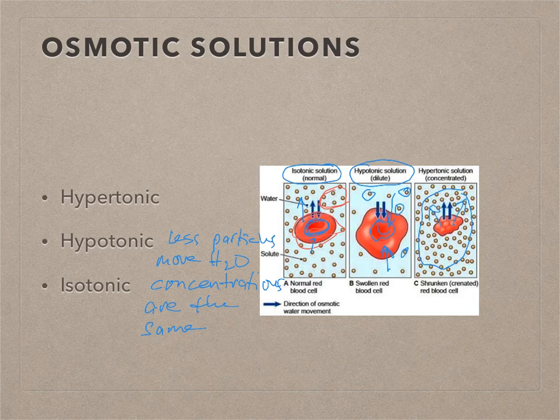Because if there's a high amount of dissolved particles in the solution around the cell, that solution is said to be hypertonic. So lots of particles means less water outside of the cell. Water will go out to try and balance it out, and the cell is going to shrink.